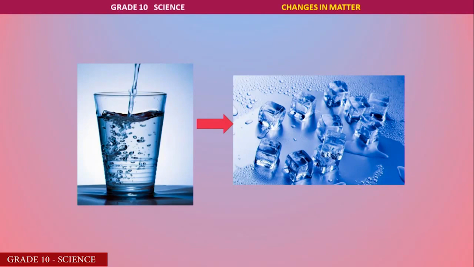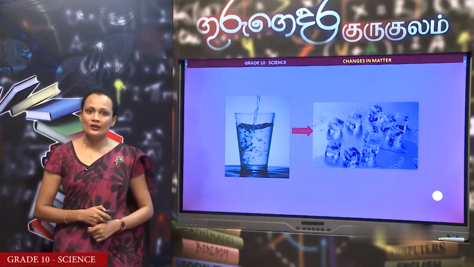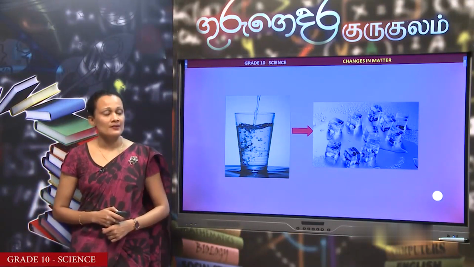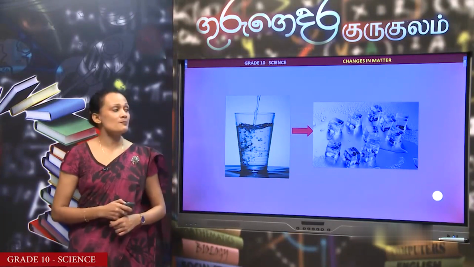What happened there? The liquid water turned into solid ice. That means liquid turned into solid. Here a physical change occurred. That's why solidifying of liquid is one physical change.